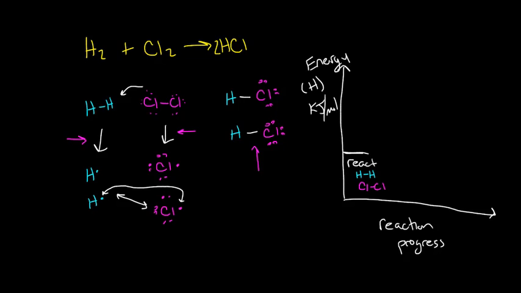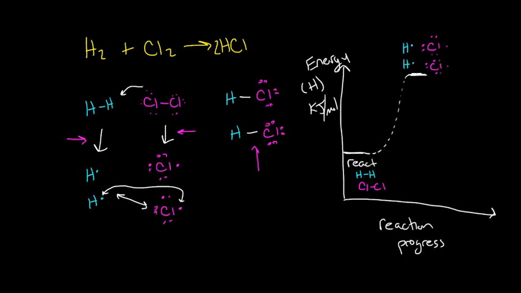So the idea here is that this reaction progresses through a very, very, very high energy state, where we've ripped apart our hydrogen and our chlorine atoms. So this is our high energy state where we have unpaired electrons, which we know is really unstable.